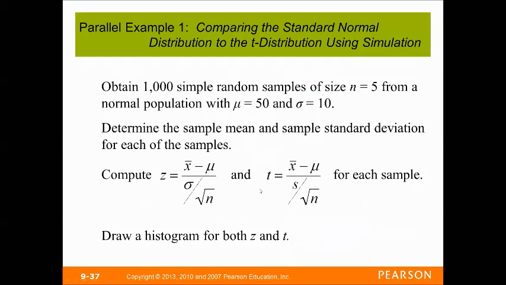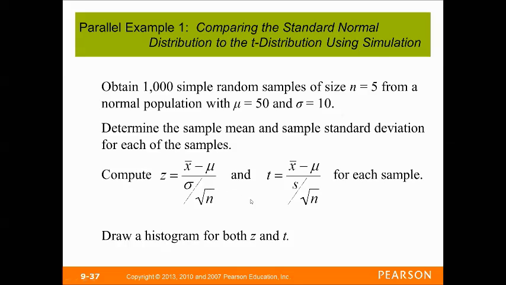So for example, if I look at a comparison and I take 1,000 simple random samples of size 5 from a normal population with mean of 50 and a standard deviation of 10, and I compute the z-score and the t-score, we'll see similar shapes, but the t one will be a little bit broader than the z-score.